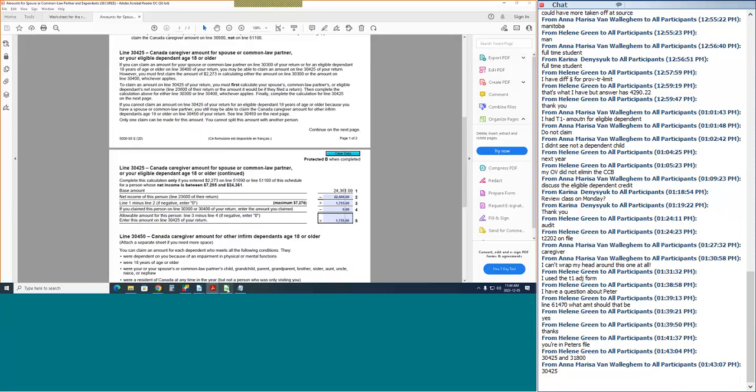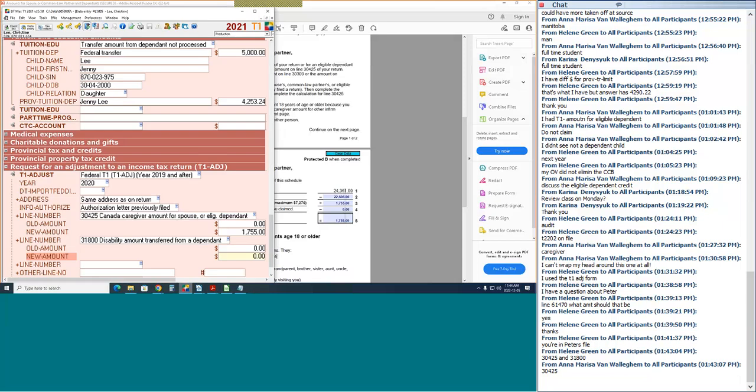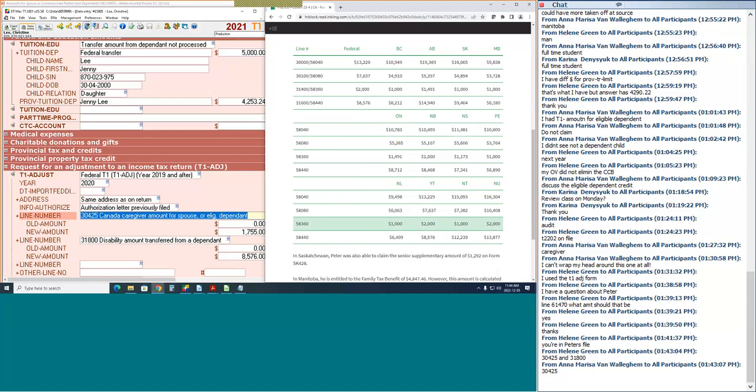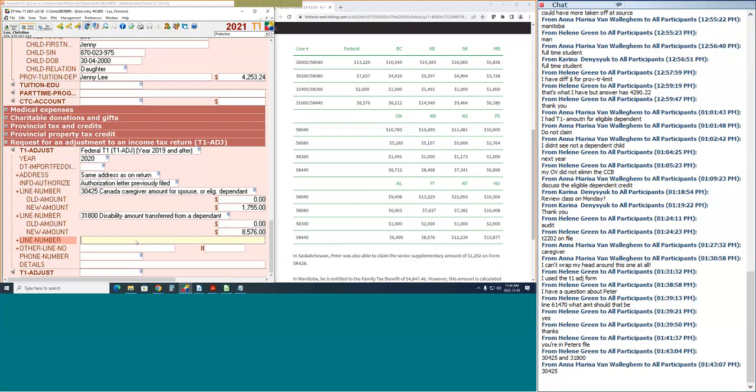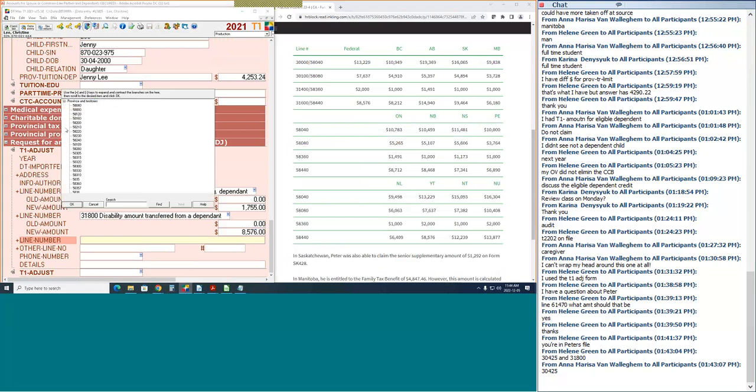Get that number wrong today, because it's a 2020 number. So I'm going to put it in and then I'm going to double check it. I can double check it from here. 8576 is correct. Good. If I needed a provincial number, I might be able to find a provincial number here.